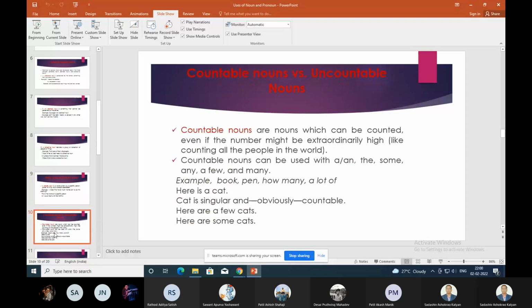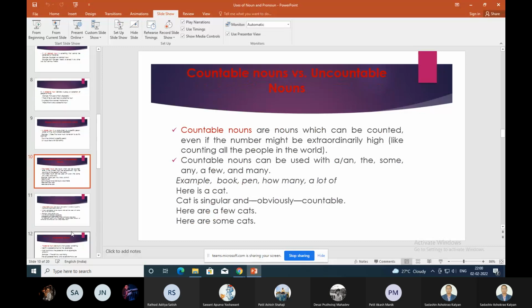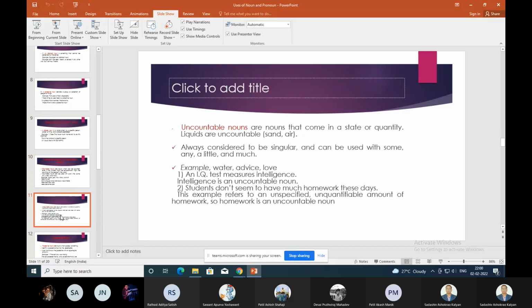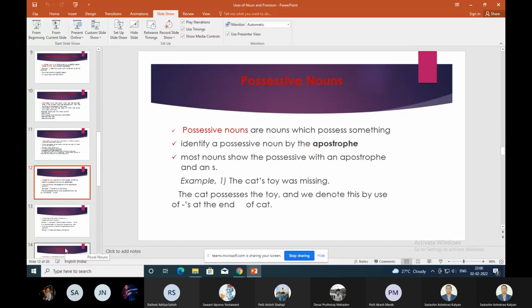Then what is the difference between the countable noun and the uncountable noun? A countable noun is one we can count, and on the contrary, an uncountable noun is one we cannot count. And possessive nouns show belonging, and whenever we define the possessive noun, we use the apostrophe.